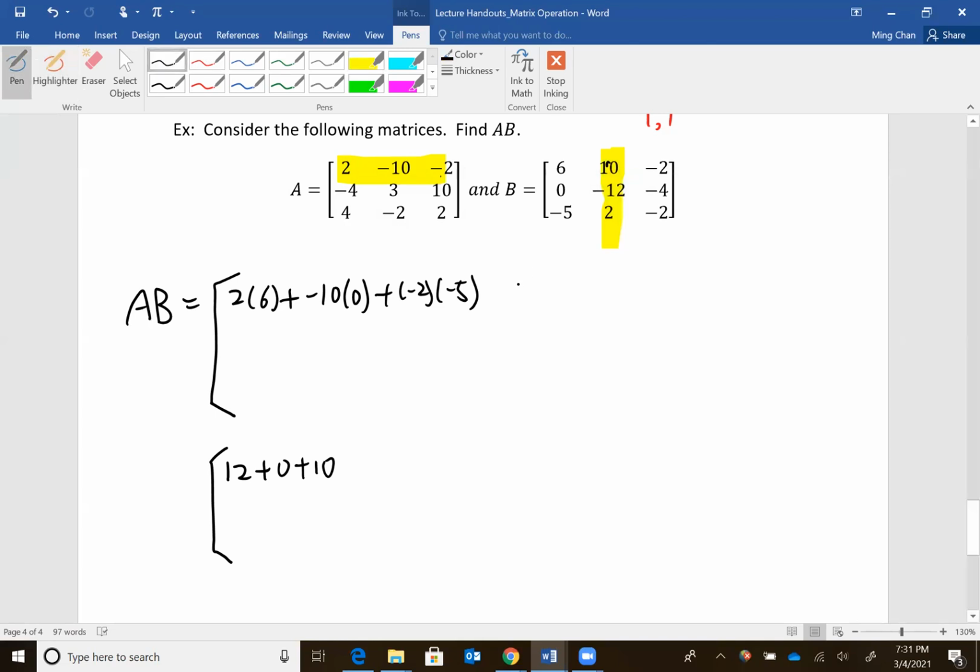That's 2 times 10 plus -10 times -12 plus -2 times 2. So that's 20, and that should be +120, and that should be -4.